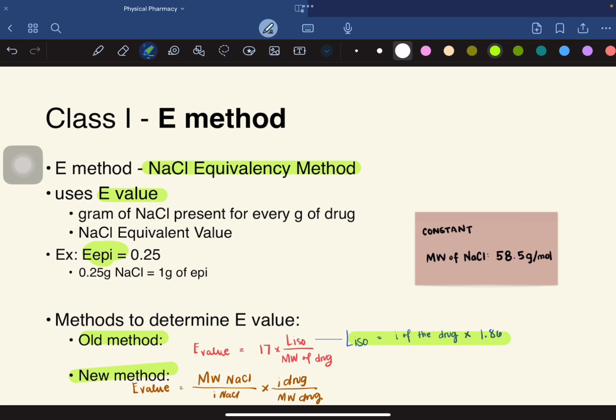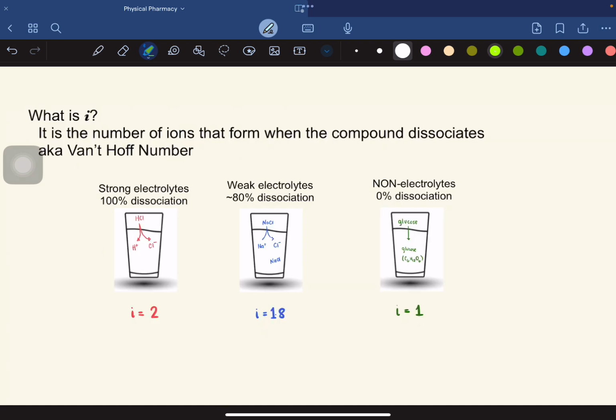And the new method of determining your E value would be the molecular weight of sodium chloride over the Van Hoff factor of your sodium chloride times the Van Hoff factor of the drug over the molecular weight of the drug. So let's discuss first what is I, or your Van Hoff number or Van Hoff factor.